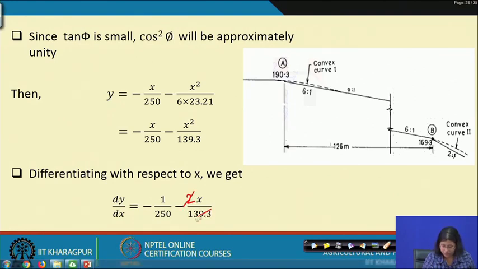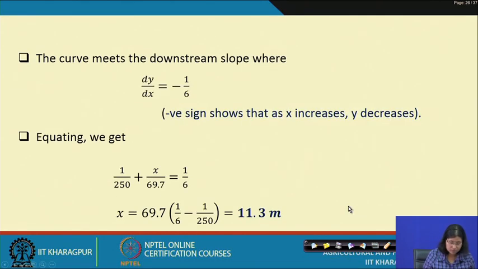So, it will be 68 point something. This is a small correction here, please note. So, we plug everything here and we get the value of x as 11.3 meter.